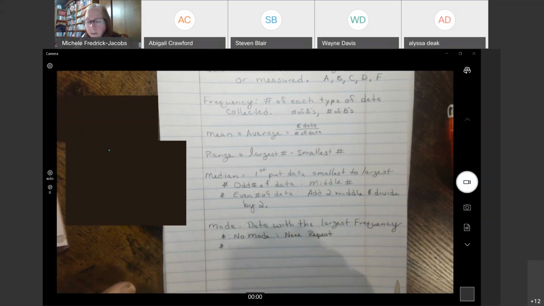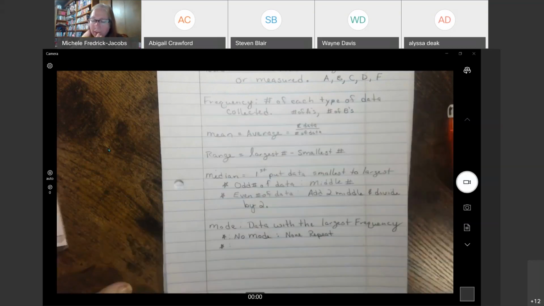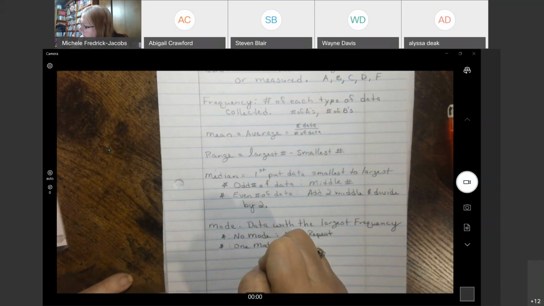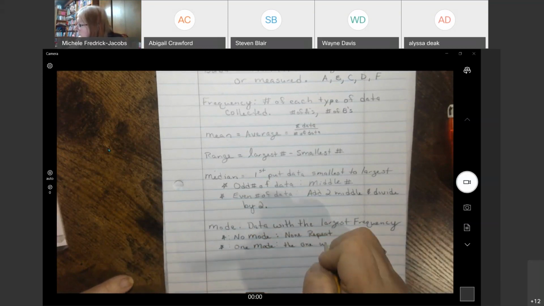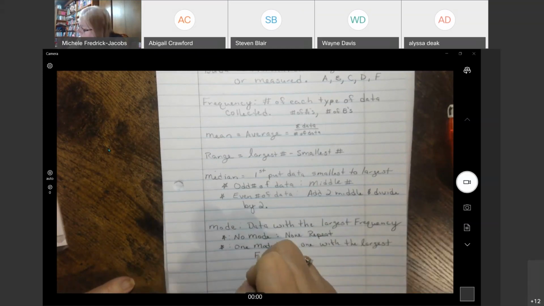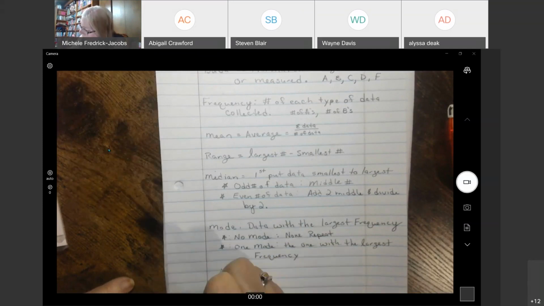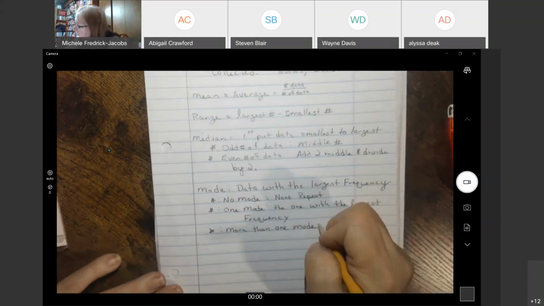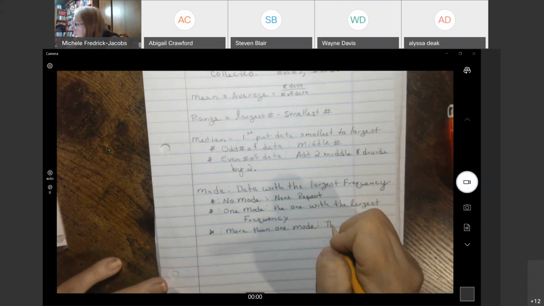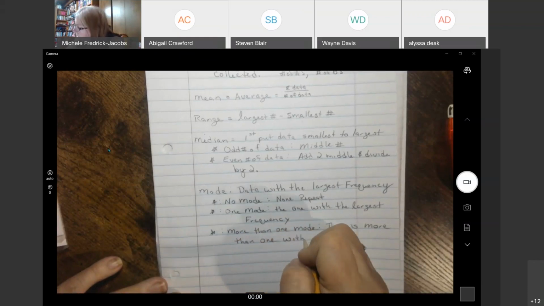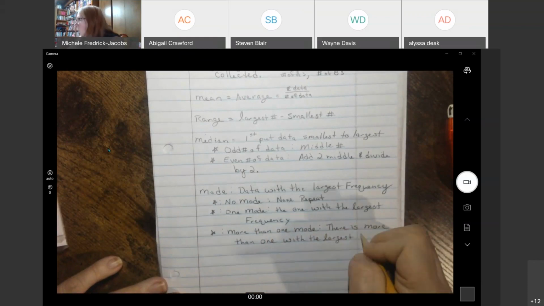Another case is there's 1 mode, the one with the largest frequency, or more than 1 mode. And we'll go over examples of all of these.